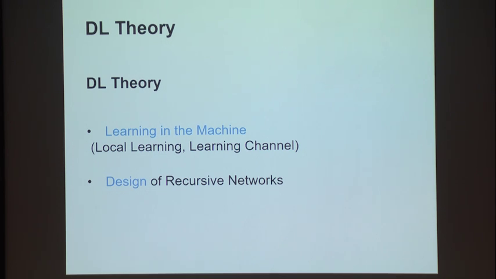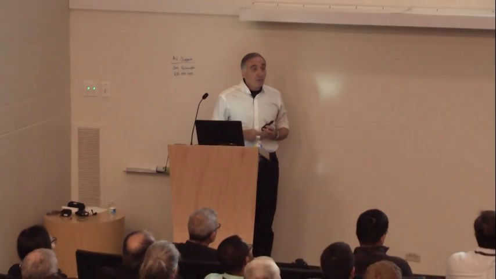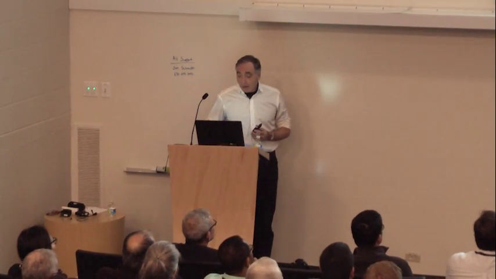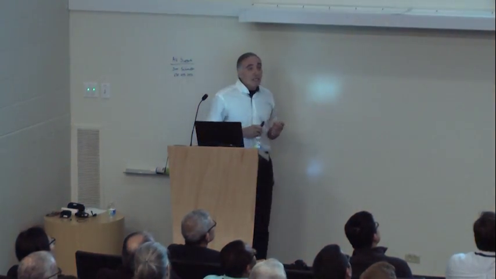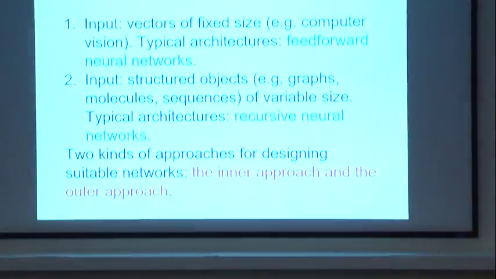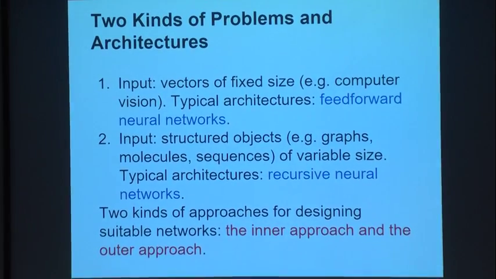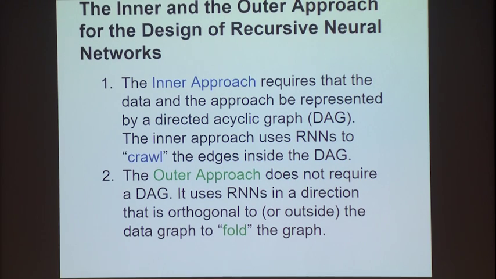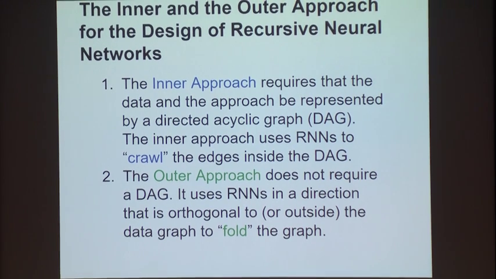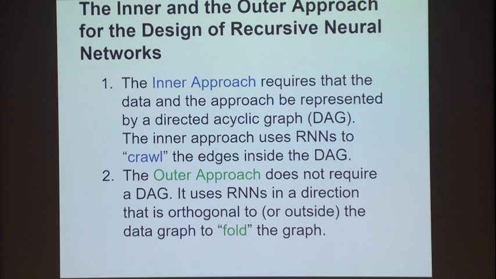In those cases, instead of using feed-forward networks, you want to use recurrent networks. How do you build them? I'm going to show you that there are essentially two techniques you can use to build interesting recursive architectures that I call the inner and the outer approach. So in the inner approach, what you do is you use neural networks to crawl the graph of the data.